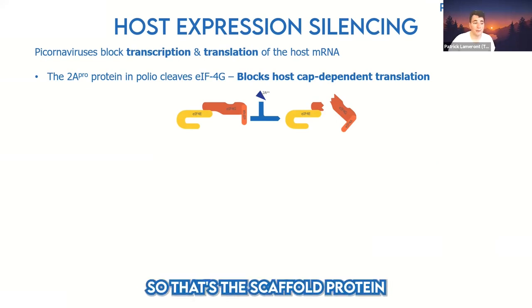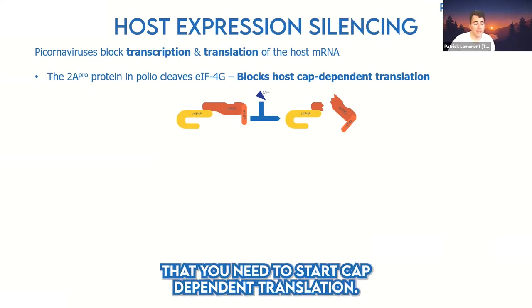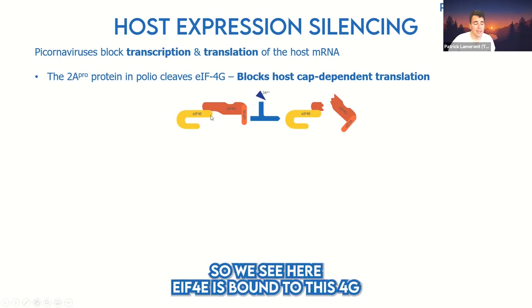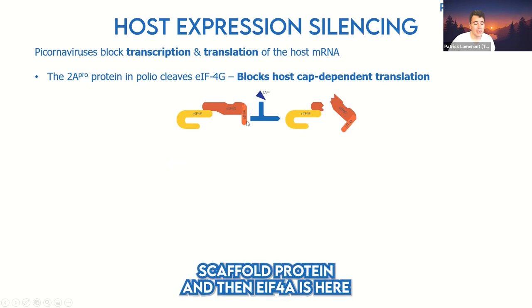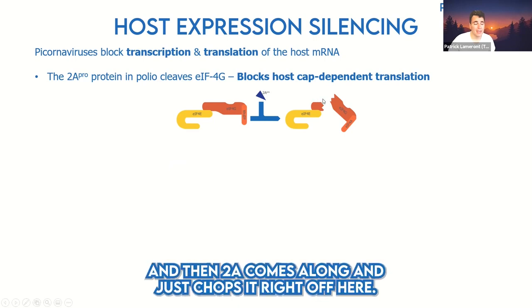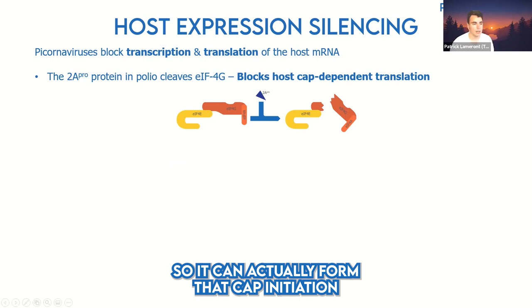That's the scaffold protein that you need to start cap-dependent translation. We see here eIF4E is bound to this eIF4G scaffold protein, and then eIF4A is here. And then 2A comes along and just chops it right off here. So it can't actually form that cap initiation complex.